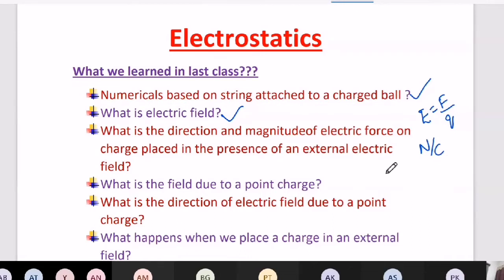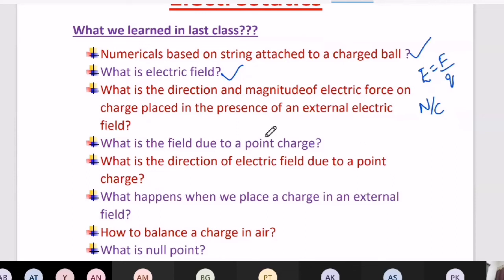Now the next thing is, what is the direction and magnitude of electric force on a charge placed in the presence of an external electric field? If there is some electric field, and you place one charge, maybe positive or negative, then there must be some force acting on the charge.